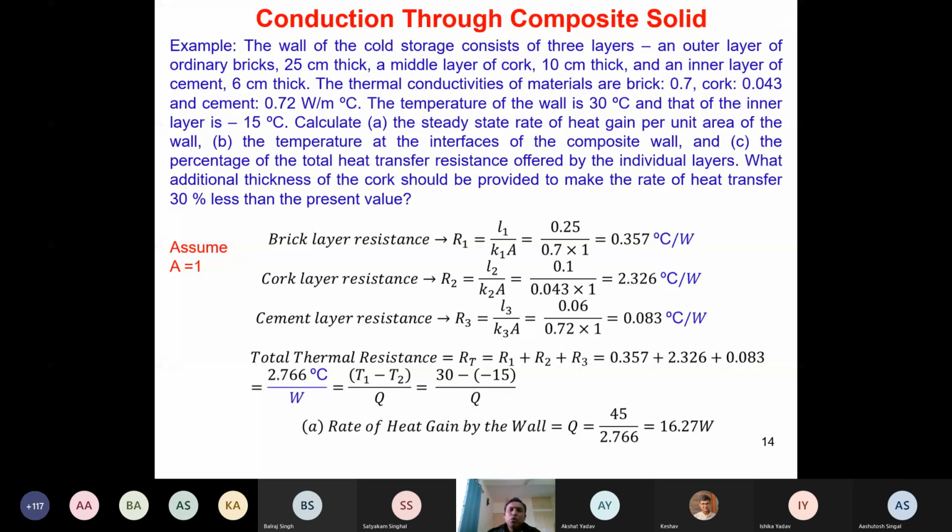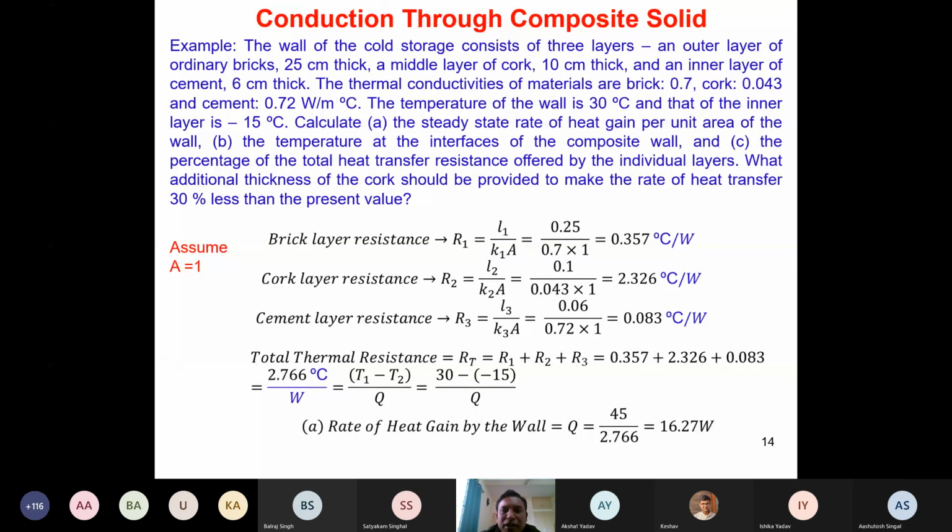Okay. Now, the thicknesses of the individual layers are given, the outer and inner temperatures are given, and the thermal conductivities of all three layers are given. So based on that, we can find the resistances of the individual layers. The brick layer resistance R1 is given as L1 divided by K1A. L1 is 25 centimeters, so that becomes 0.25 divided by K1, which is 0.7, into area.